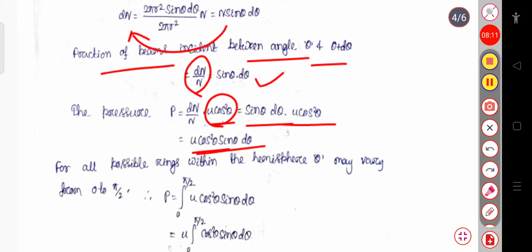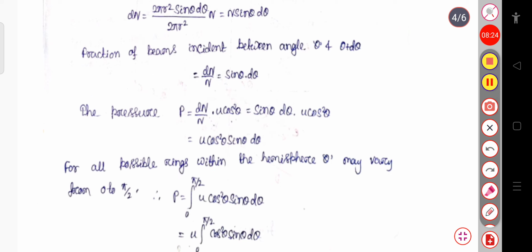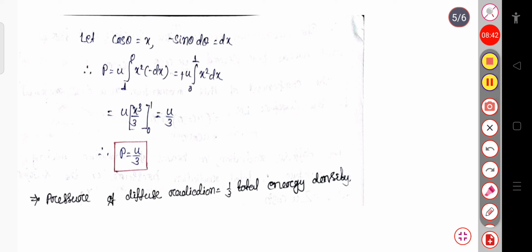For all possible rings within that hemisphere, this theta varies from 0 to pi by 2. So P equals the integration over 0 to pi by 2 of u cos square theta sin theta d theta. Taking u outside of the integration, that will be 0 to pi by 2 cos square theta sin theta d theta.